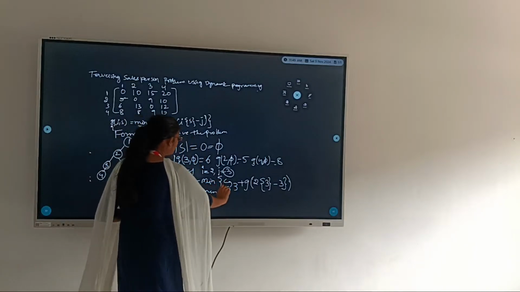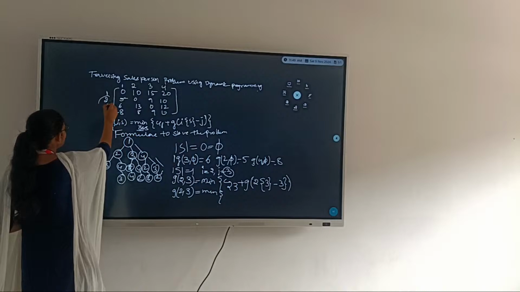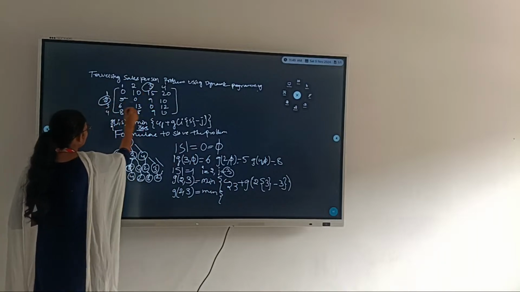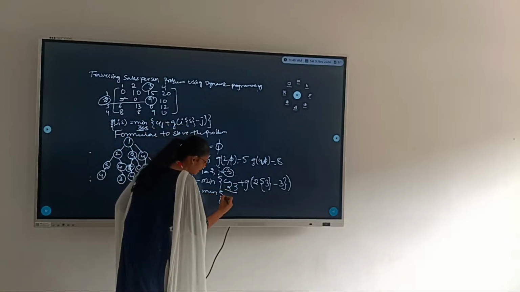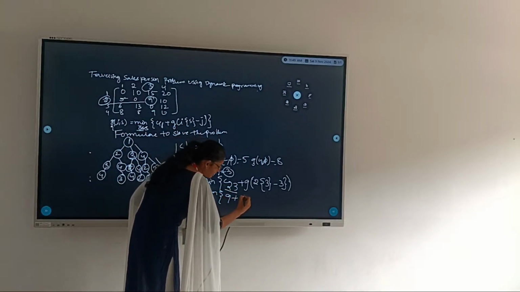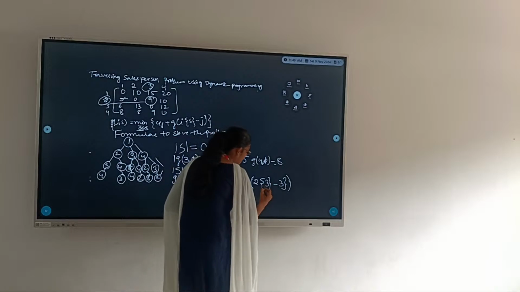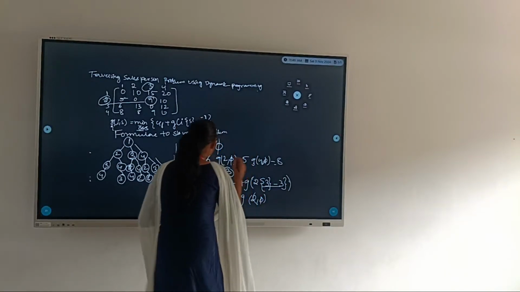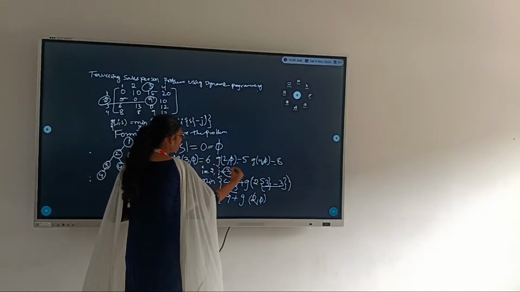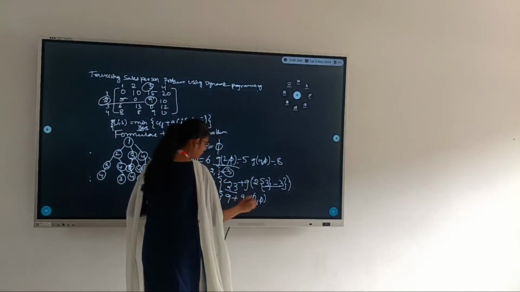Here row 2, column 3. This is the row and this is the column. Row 2, column 3 is 9. So you should mention C of 2, 3 is equal to 9 plus G of 3 minus 3, that is 0. So 2, 5. In the question they mentioned G of 2, 5 is equal to 5.